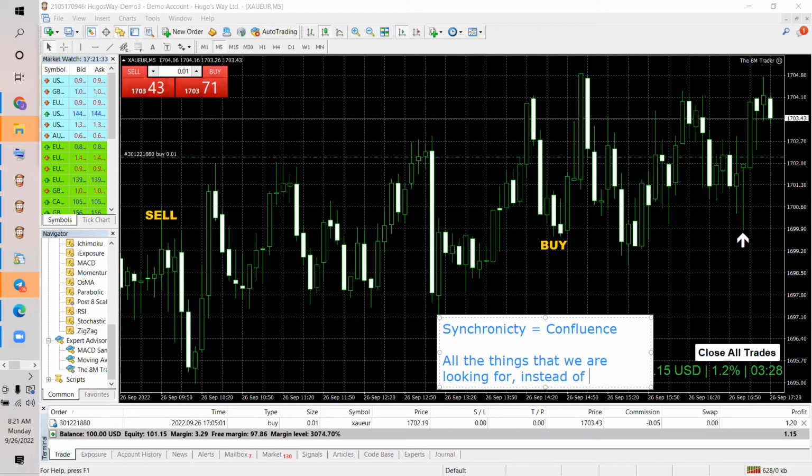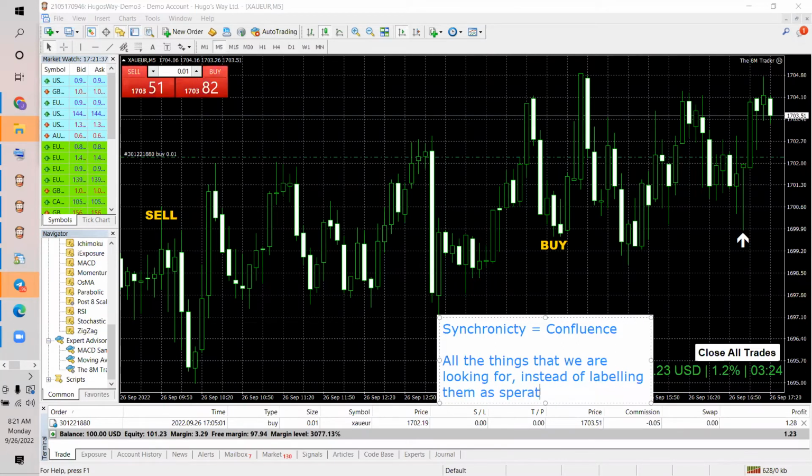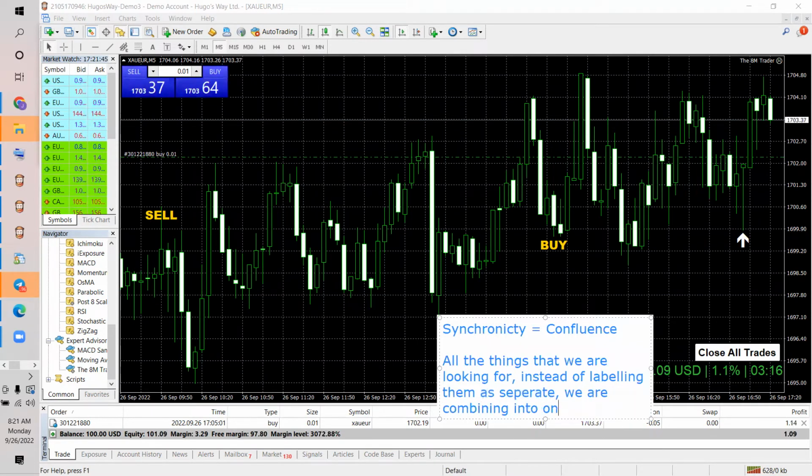Instead of labeling them as separate, we are combining them into one.